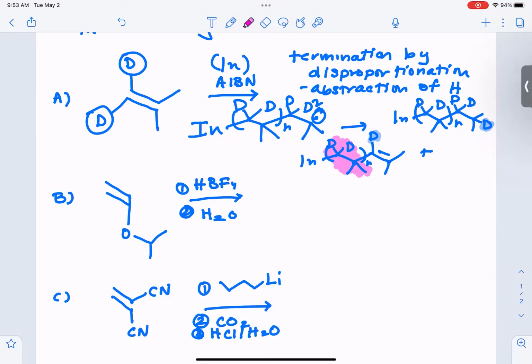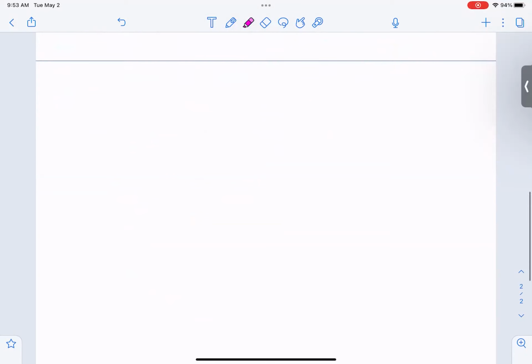Okay, all right. So let me scroll. Okay, so when we did this reaction, you had your initiator that formed a radical. Let me actually put the initiator on the other side.